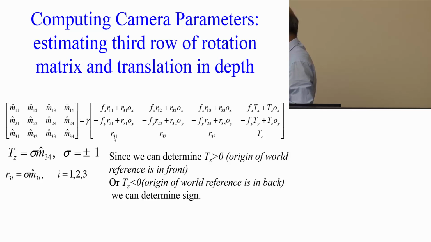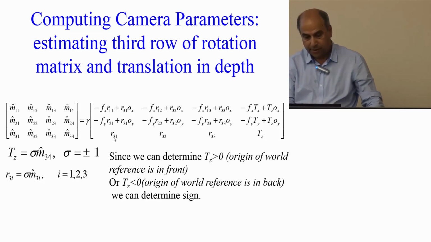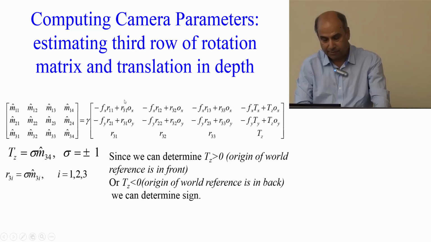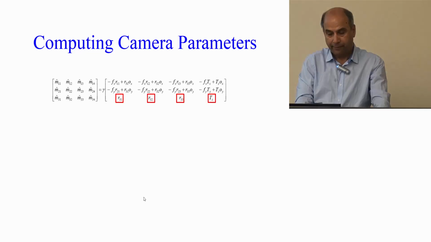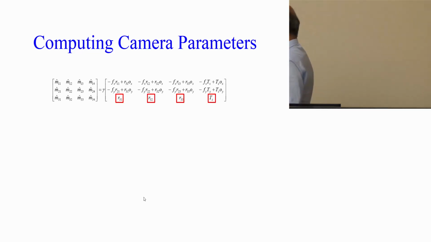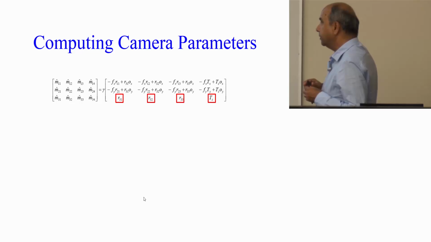We found the sign using the translation in Z, and once we know that, we can find the rest, because this matrix is equal to this matrix, which means component-wise we can compare. This will be equal to this with the sign, and the sign we determined from TZ. Okay, so far that's what we have, which means these red boxes are computed already.